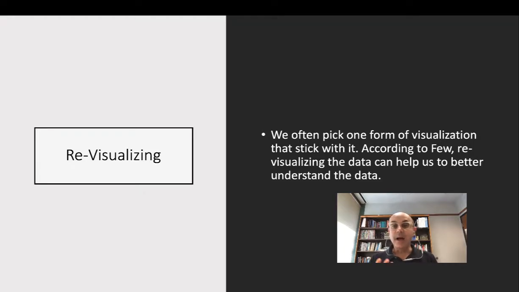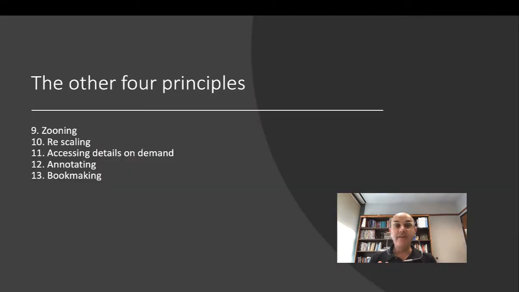One of the things that I really think is the main issue that I like to highlight is that we often pick one type of visualization and stick with it. And according to our textbook, it's better to test the data in different types of visualization just to make sure that we cover and explore all the points, in order for us to fit the other principles or the other findings.